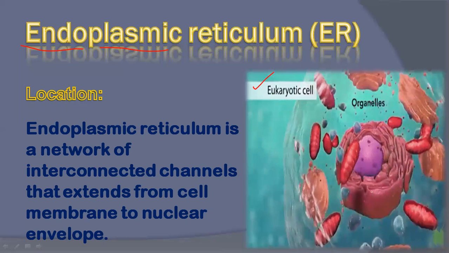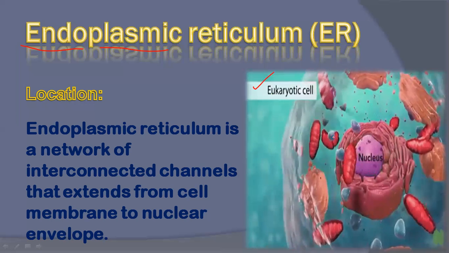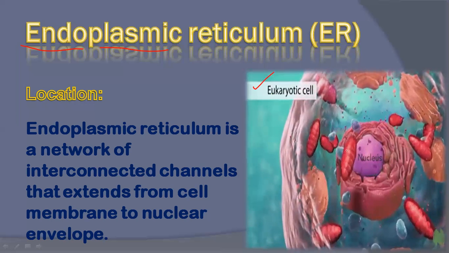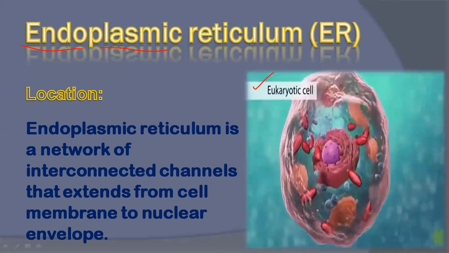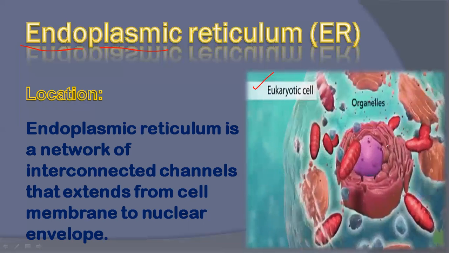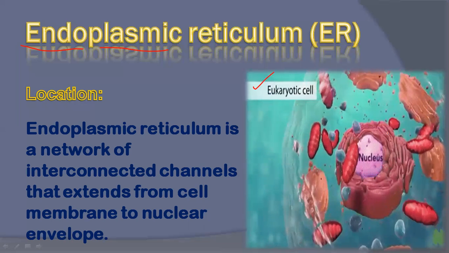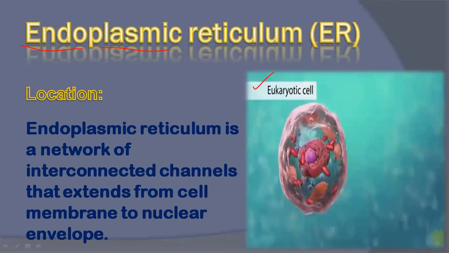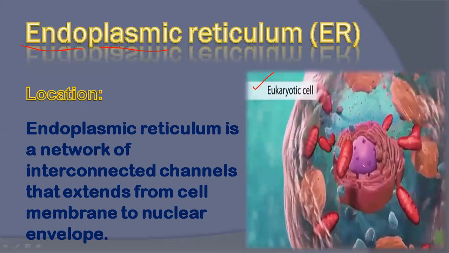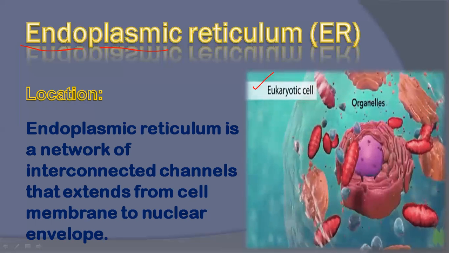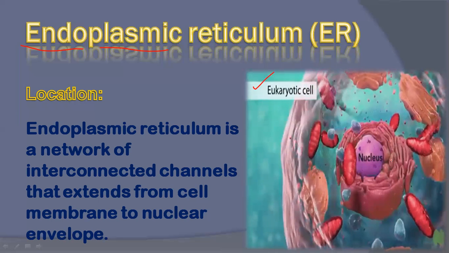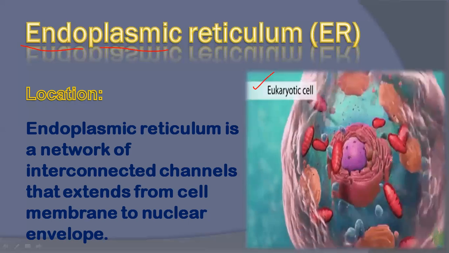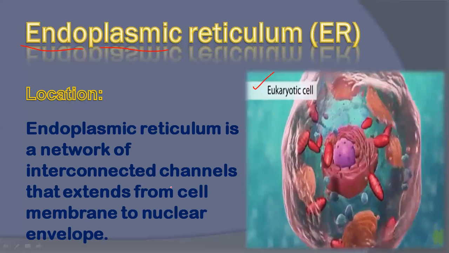Definitely, if you see, this is an animal eukaryotic cell, and this is mitochondria, these are lysosomes, and this is the nucleus. These connections around the nucleus are called endoplasmic reticulum. Actually, endoplasmic reticulum has a specific function. We'll discuss that after this.